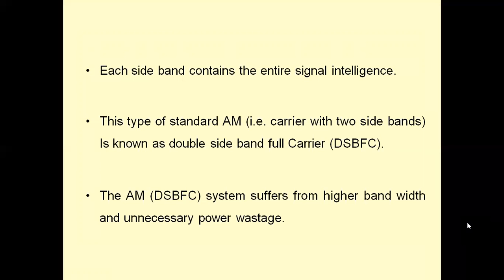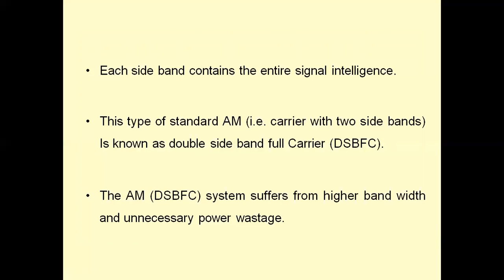The other name for AM is double sideband full carrier. Two sidebands are present, and the carrier is also present. The AM system or the double sideband full carrier system suffers from higher bandwidth and unnecessary power wastage.